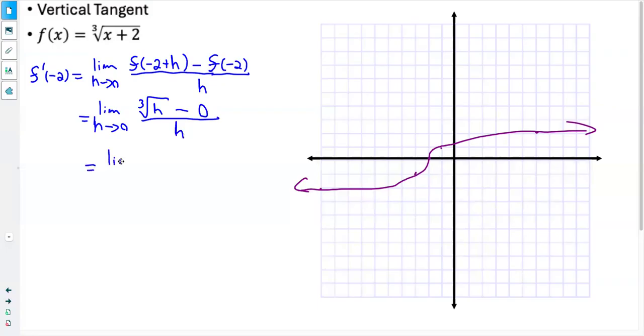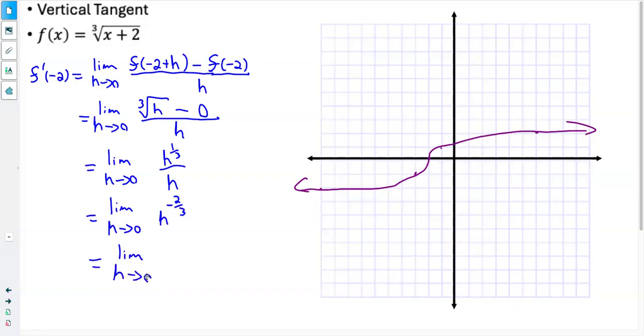To simplify this down a bit, this is the limit as h goes to 0 of h to the 1/3 over h. So it's our limit as h goes to 0 of h to the negative 2/3. So that's our limit as h goes to 0 of 1 over the cube root of h squared.